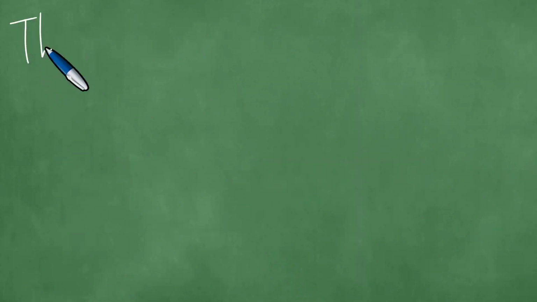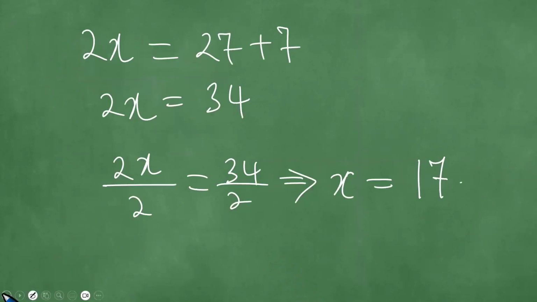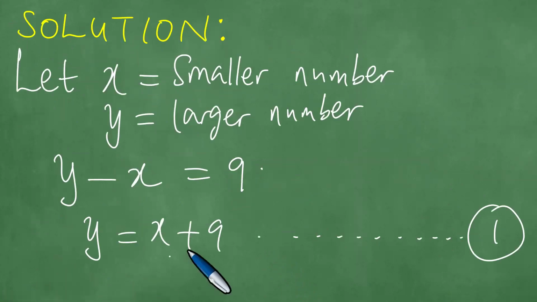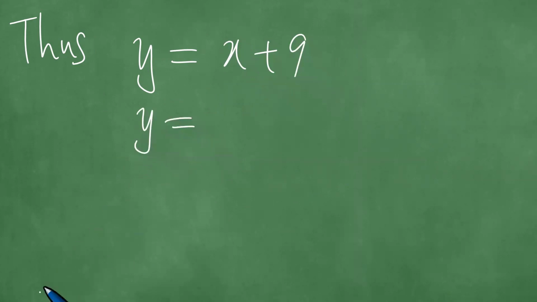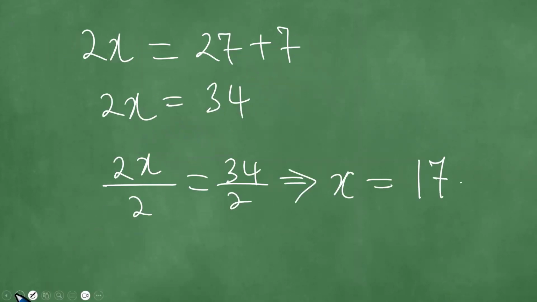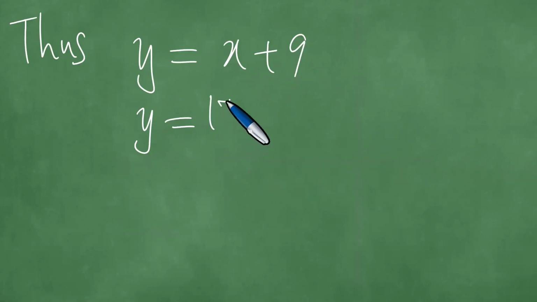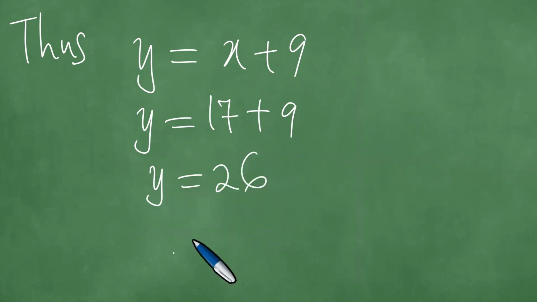Thus, we know that y equals what? We have this equation, y is x plus 9. y is x plus 9, so x equals 17 plus 9, and this is exactly 26.